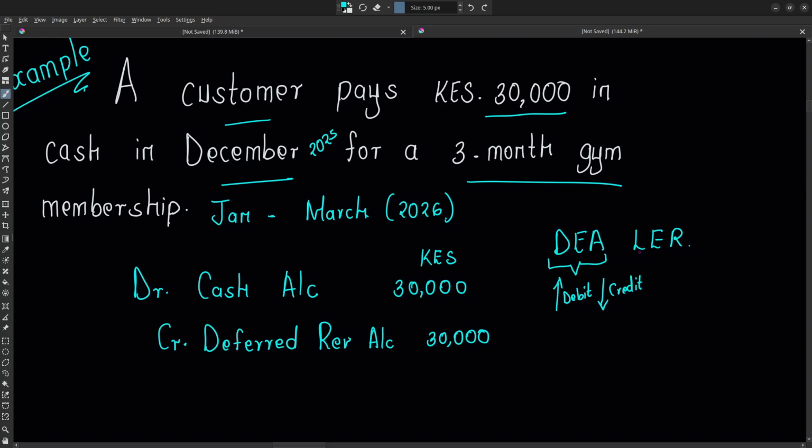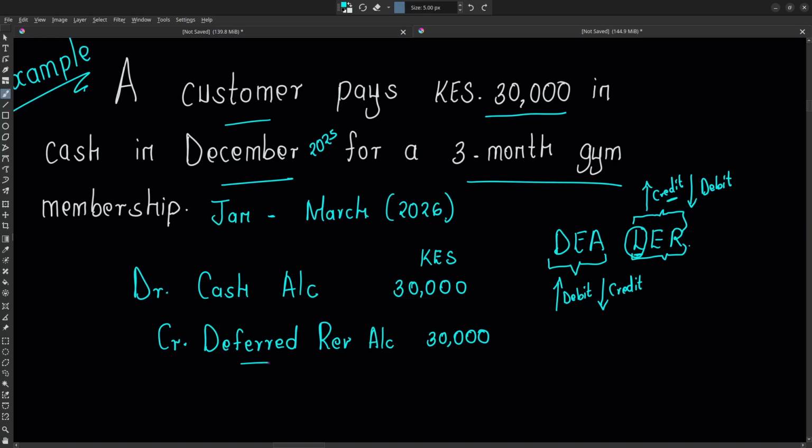But on the other side, it is the opposite: to increase them, we credit, and to reduce them, we debit. You can see deferred income is a liability account. L here stands for liability, and to recognize an increase in a liability account, we credit.